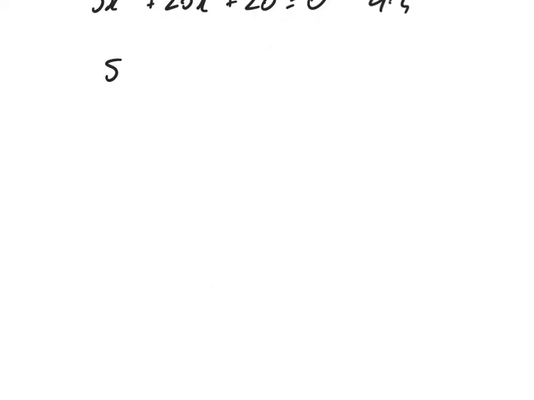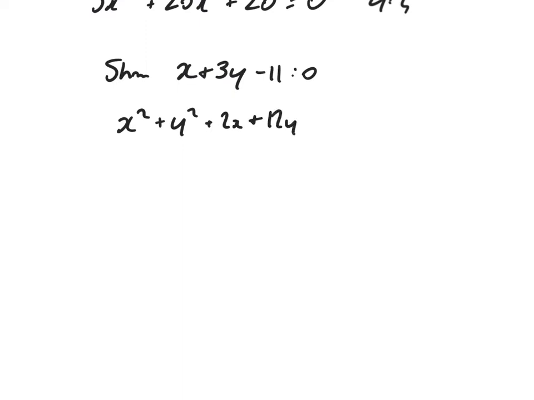Okay, next one we're going to show that the line x plus 3y minus 11 equals 0 is a tangent to the circle x squared plus y squared plus 2x plus 12y minus 53 is equal to 0.